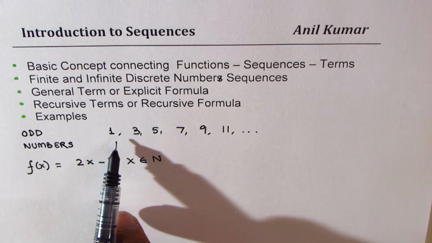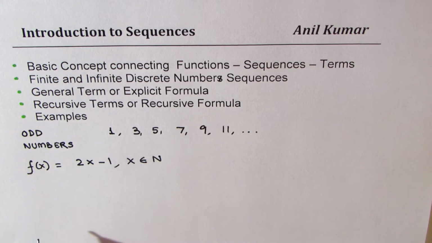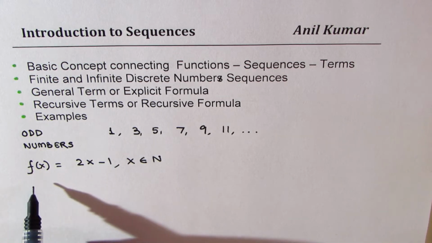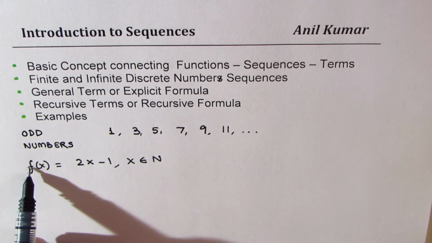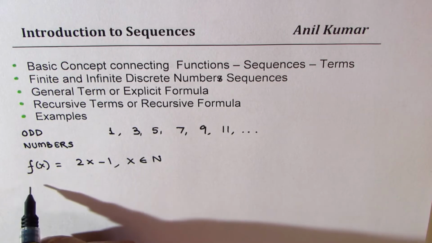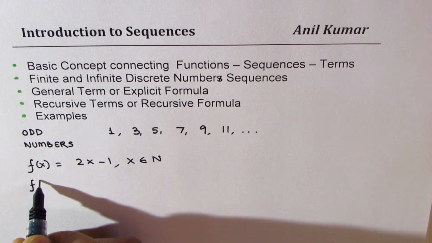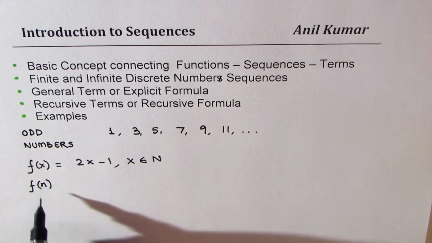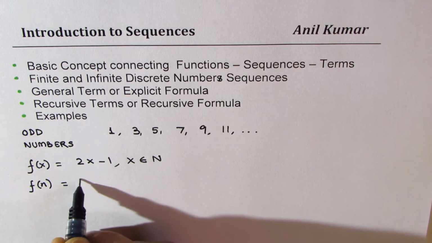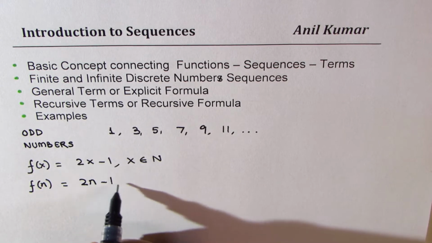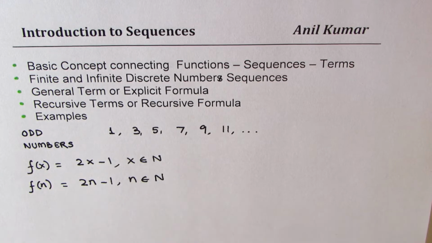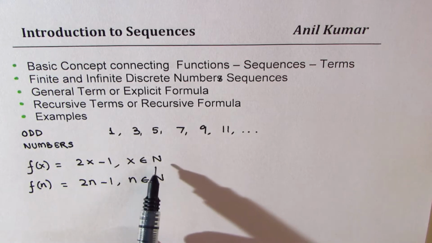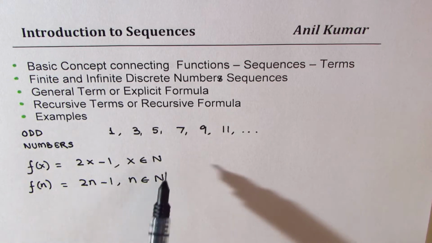We could also write these odd numbers, since they are natural numbers, instead of writing with x, we could replace x with n. So we get to the formula f of n equals 2n minus 1, where n belongs to the set of natural numbers, right? Now n, the set of natural numbers, is what?